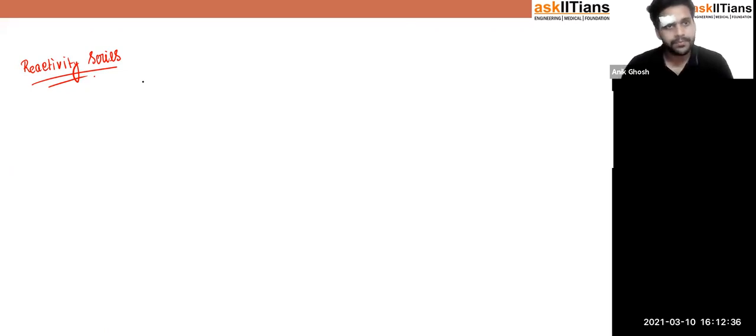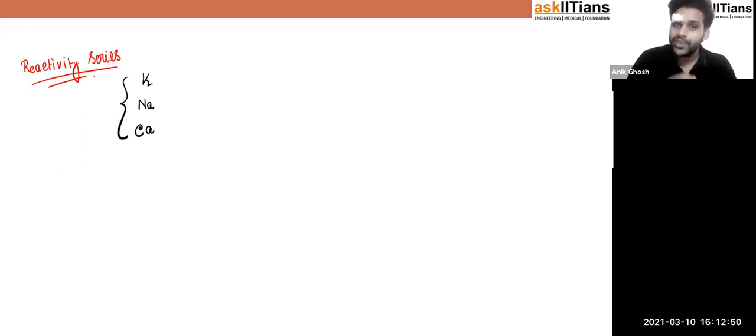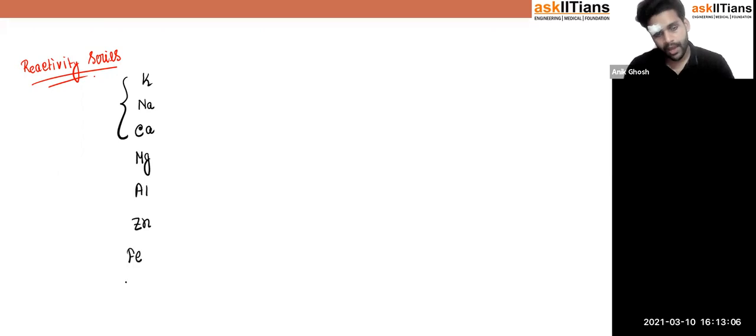At first you can see I'm writing three of the most reactive metals: potassium, sodium, and calcium. They are the most reactive elements in nature. Apart from that, magnesium, aluminium, zinc, iron, nickel, tin.